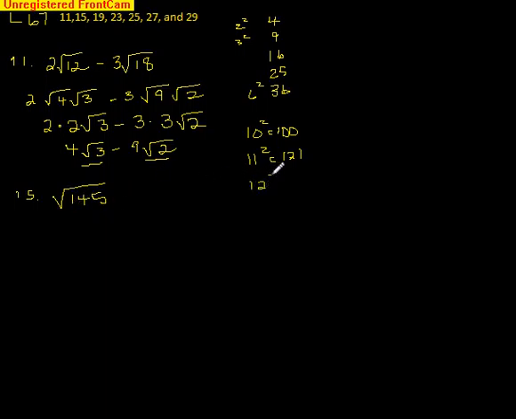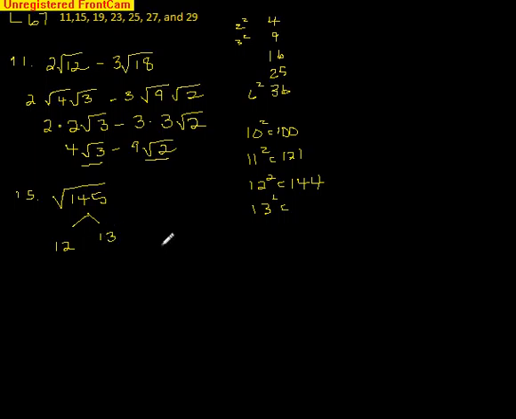But when we hit 12 squared, we're going to get 144. So we know that 145 is going to be somewhere between 12 squared and 13 squared. So the square root of 145 is going to fit somewhere between 12 and 13.